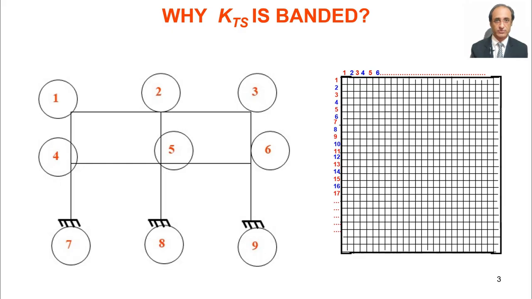Now here we'll use the matrix stiffness approach just to understand this. Means we'll use physical interpretation just to understand this. Then we'll see the computational procedure also. How does program find the bandwidth? But for understanding, let's say we want to find a particular row or column of the matrix.